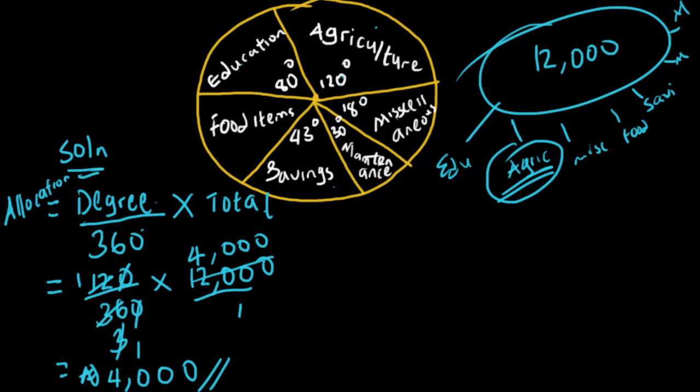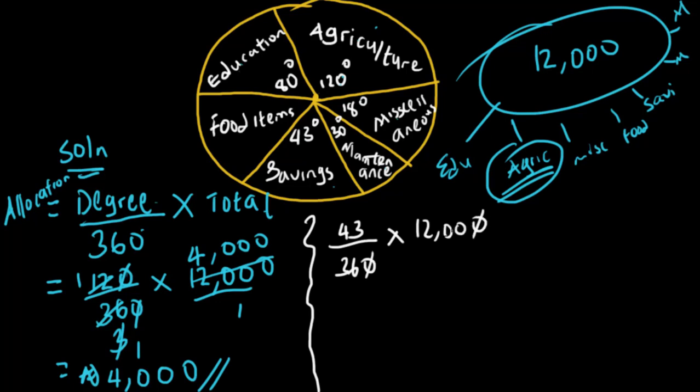Does that make sense? Now, if you are asked how much was allocated to savings, so that will be 43 all over 360 times 12,000. 0 cancels 0. 12 year 100. 12 year 3. 43 times 100 will give us 4,300 all over 3. 3 year 1. 3 in 4 is 1 remainder 1. 3 in 13 is 4 remainder 1. 3 in 10 is 3 remainder 1.